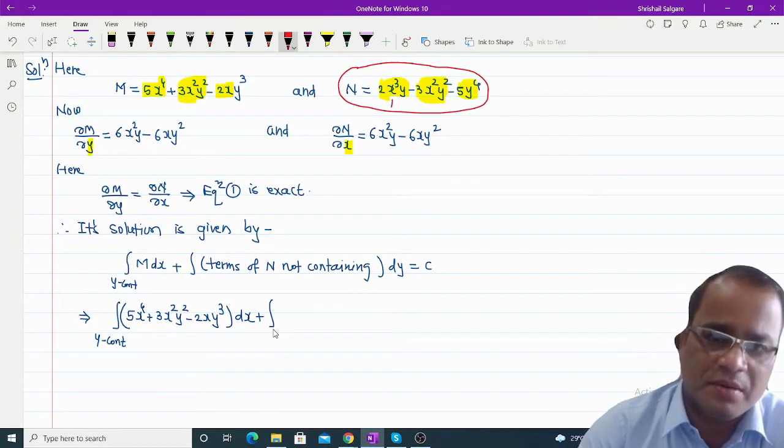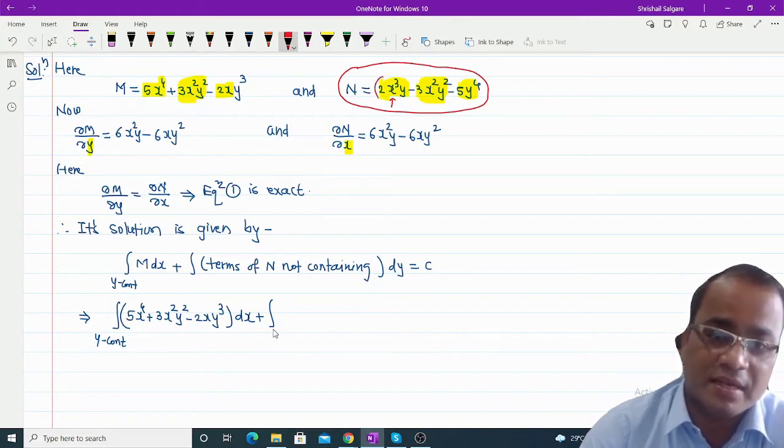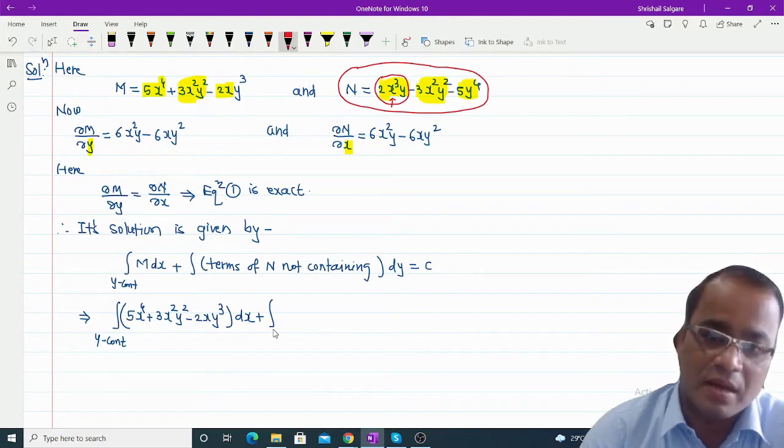Now the first term is 2x cube y. Is the term independent of x, yes or no? Dependent. You have to answer yes or no. First term, again I will circle that. Is x in it or not? Yes, so that term contains x.